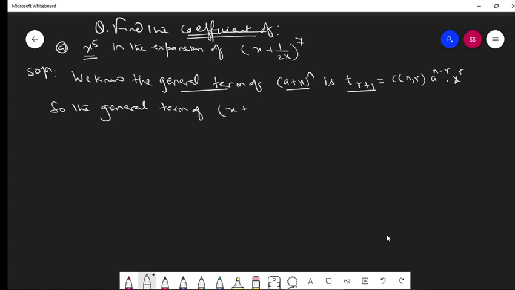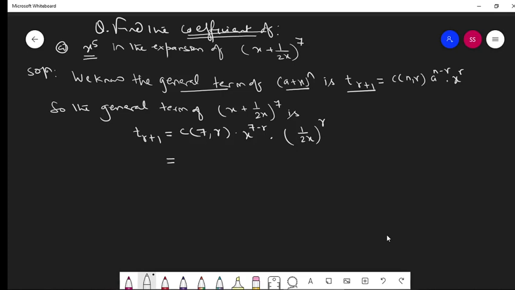So the general term of (x + 1/(2x)) to the power 7 is T(r+1) = 7Cr x^(7-r) (1/(2x))^r.